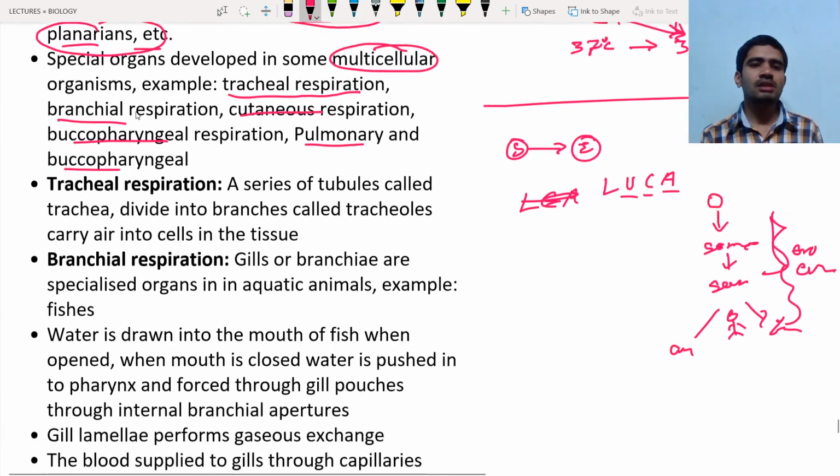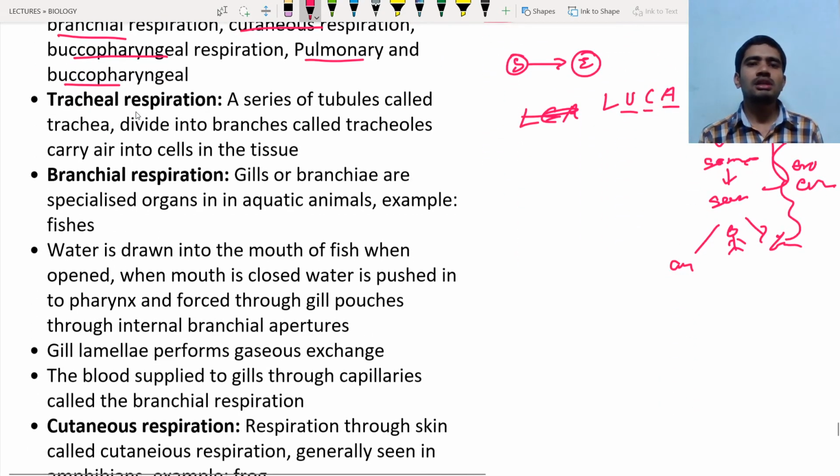First we will come to tracheal respiration. In tracheal respiration, a series of tubules called trachea are divided into branches called tracheoles, which carry air into the tissue. If you observe a cockroach, let us consider this is the body of the cockroach. The body has some holes on the lateral sides.